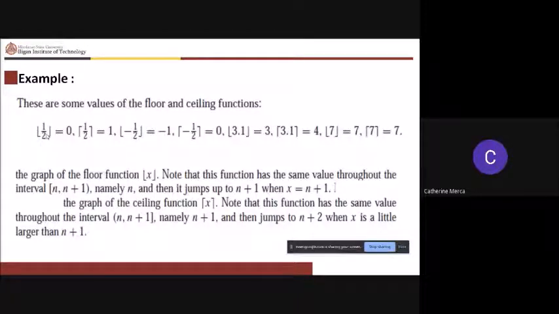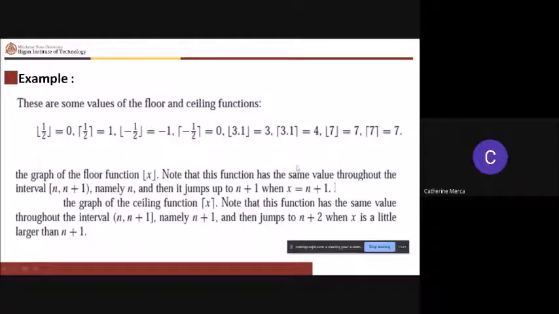Greatest integer nga mas gamay aning 1/2, which is 0. Pero pag ceiling function na pod, unsa man ang pinakagamay nga integer na mas dako sa 1/2, which is 1.